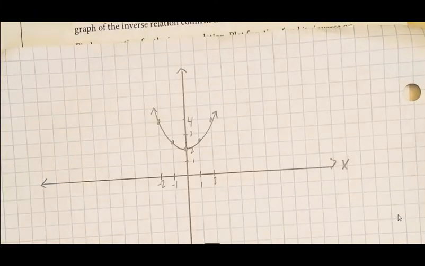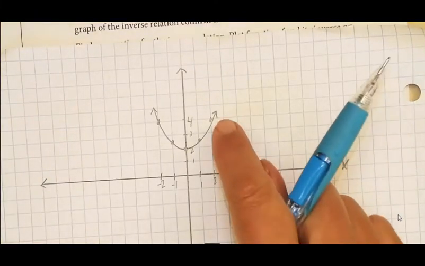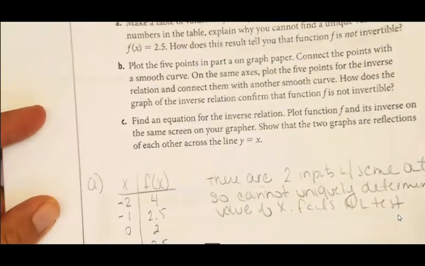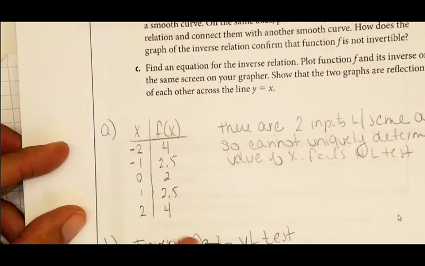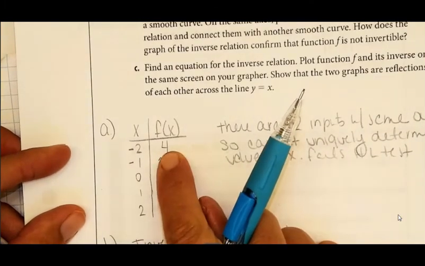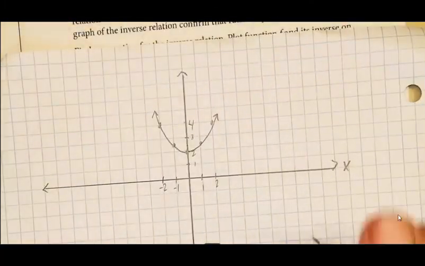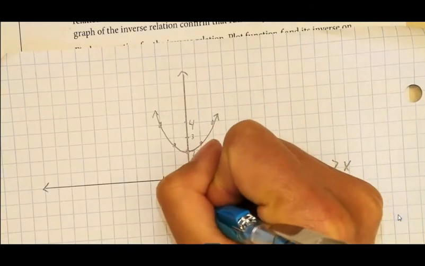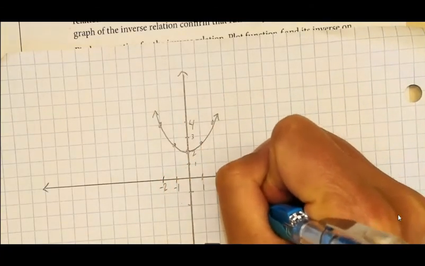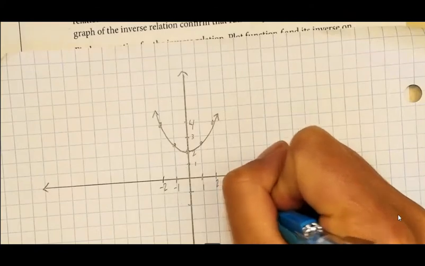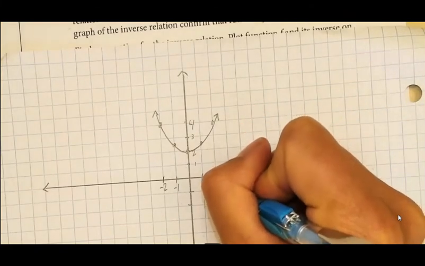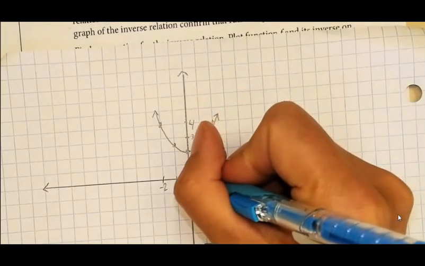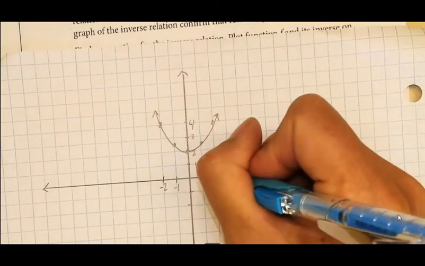All right, so for the inverse, I'm just going to take each one of these points and switch the inputs and the outputs. So basically, I'm just flipping these around. Okay, so my input will be 4, my output will be -2. 2.5, -1. 2, 0.